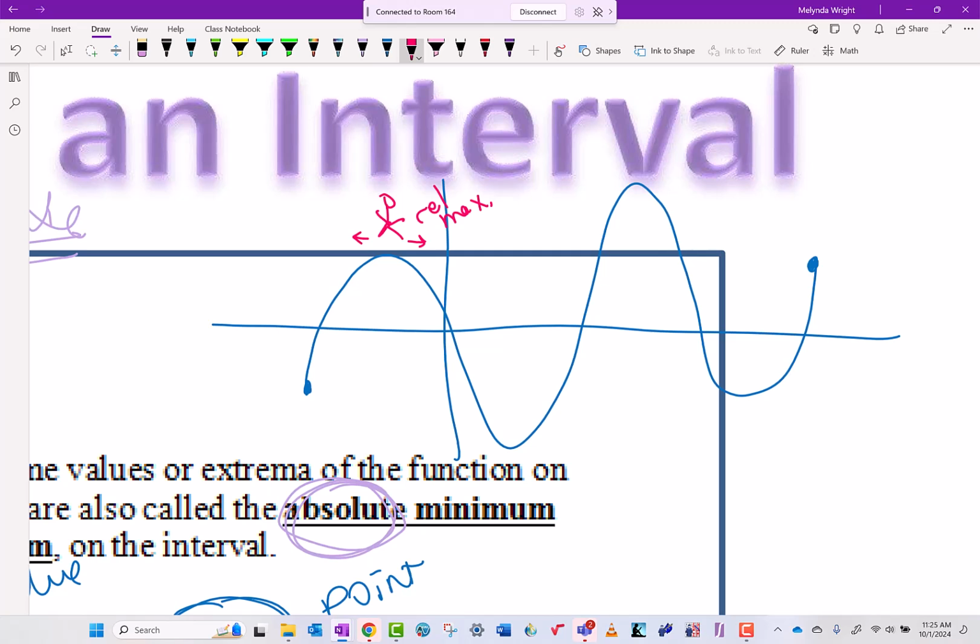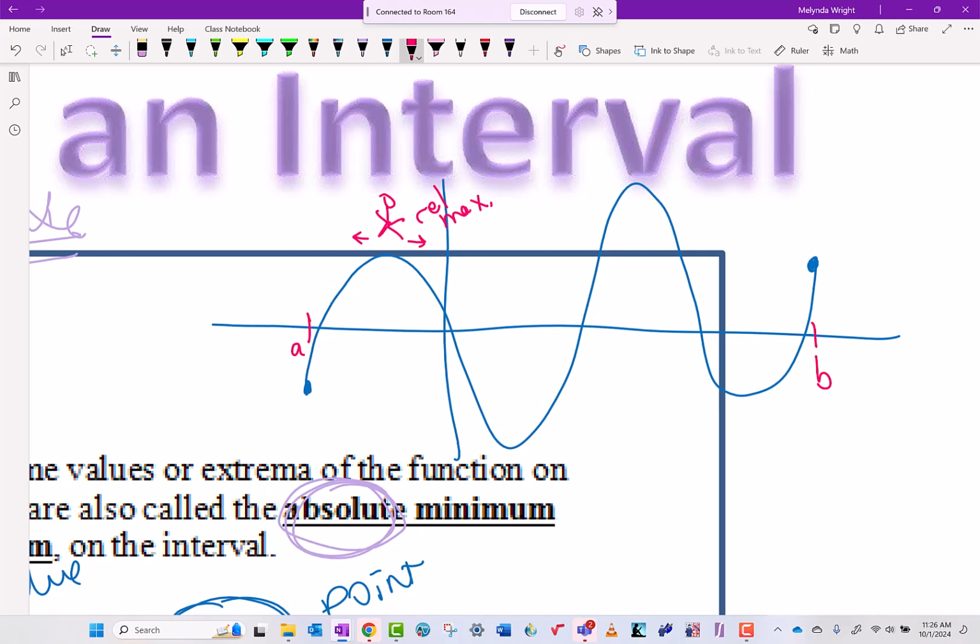Is it the very largest y value in this whole interval? No, it's not, right? So it's not absolute, it's only relative. We can just call this A, we'll call this B, just for fun. All right.